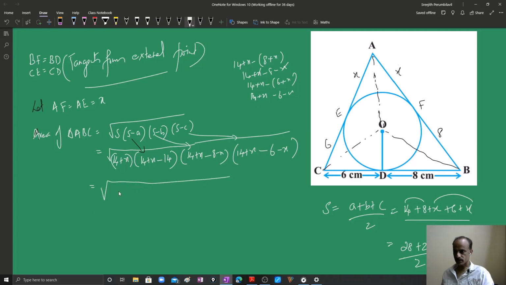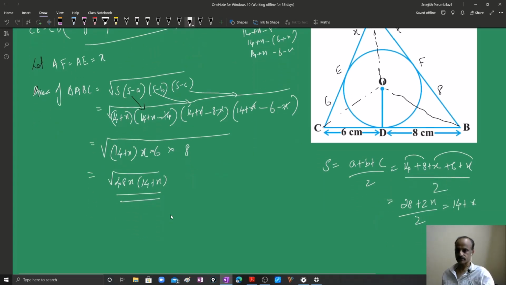That is equal to 14 plus X. Here 14 and 14 cancel, X will remain. Here X cancel, 14 minus 6 is equal to 8. That is 6 times 8, 48. Root of 48X into 14 plus X. This is the area of that triangle.